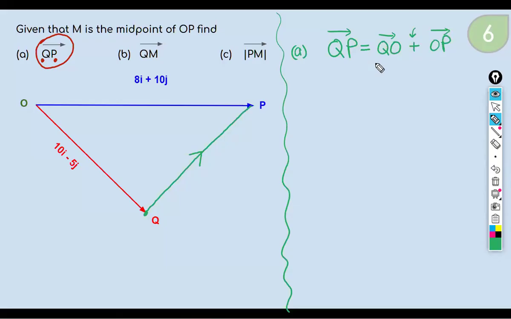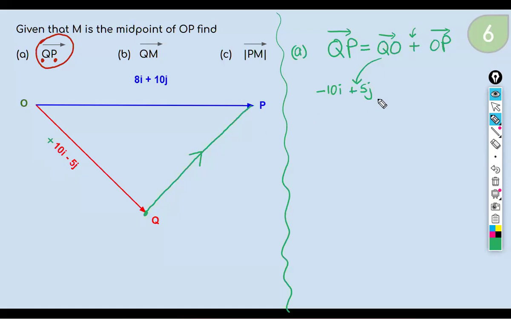It's just substituting the values now. QO, we're walking against the red arrow. Remember, the red road is going this way. Look at the arrow for the red road. If we're walking from Q to O, we're going against that arrow. So remember, this 10i is really positive 10i. If we're walking against, I hope you all remember to change the signs.